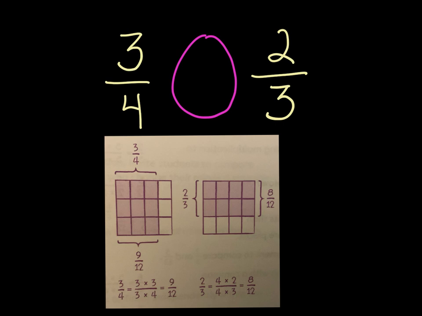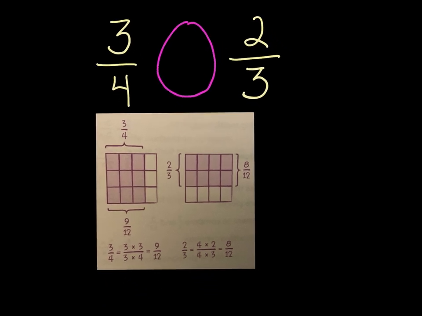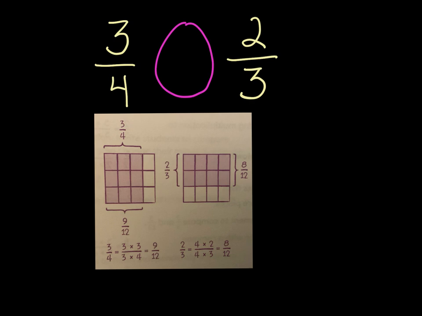Here we have these models to demonstrate how to find which one is larger. So they drew the pictures to show 3/4, which is equal to 9/12, and 2/3, which equals 8/12. And the common denominator that these two numbers shared was 12.